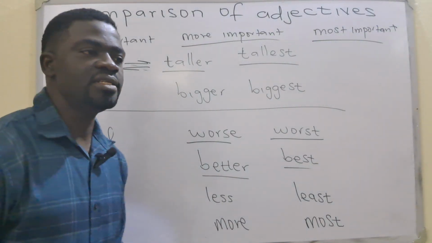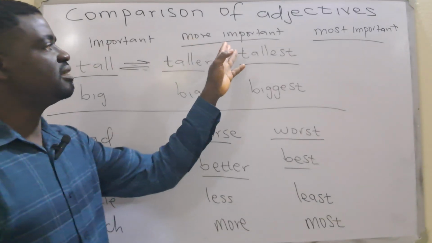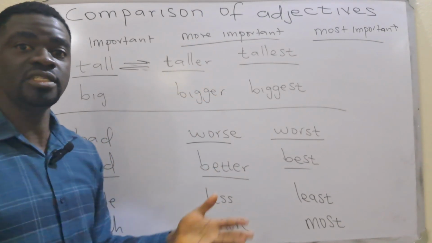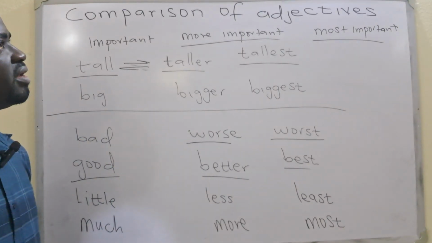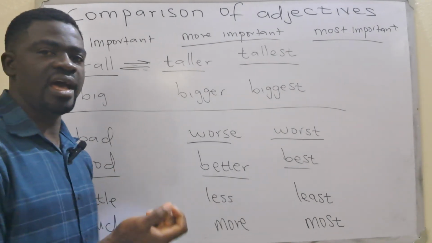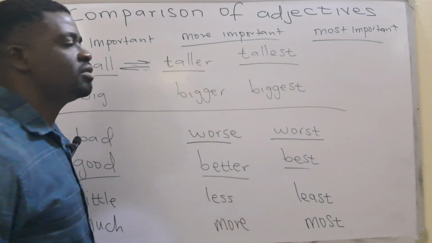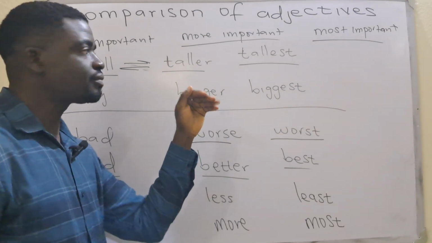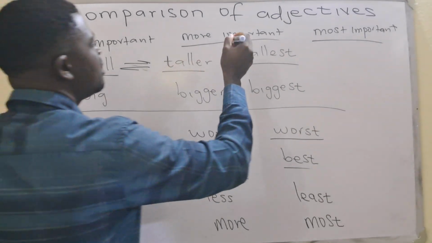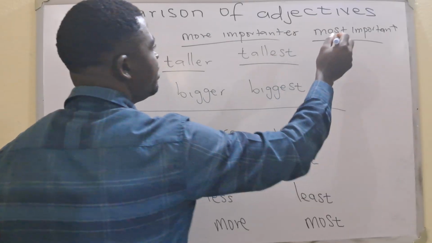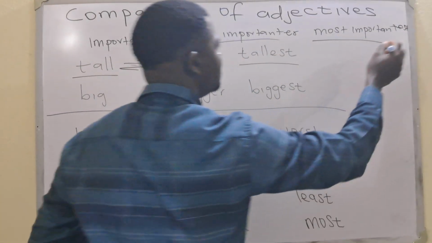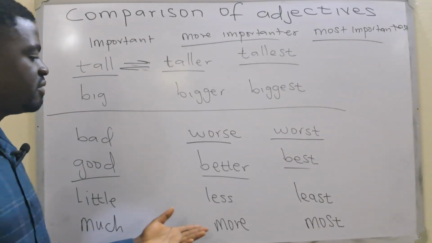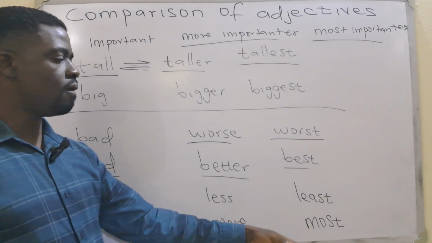The simple explanation is that when you have an adjective that is more than, let's say, up to 3 syllables, it won't sound very nice if you add this morpheme to form the superlative or the comparative. Instead of saying importanter and importantest, it's going to sound very awkward. So instead, you use more or most.